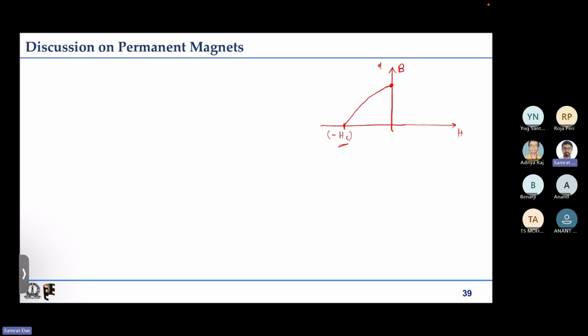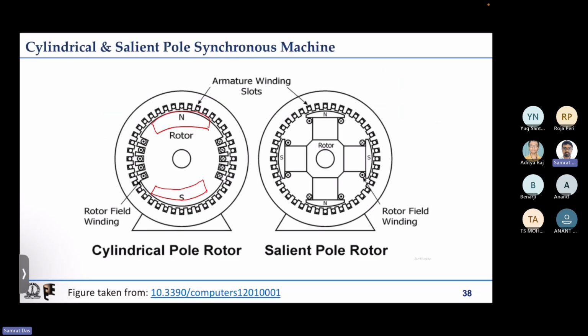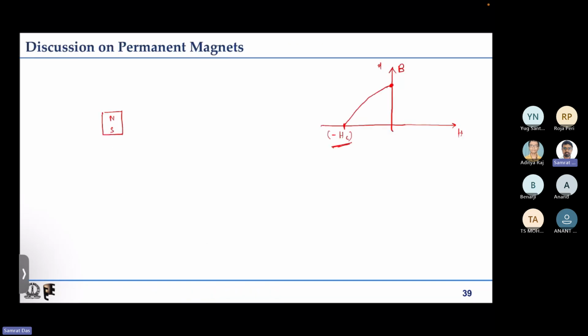Now the question was, why does this negative magnetic field intensity actually come? I started with a simple case. Say this is a permanent magnet, N and S, and there is some external thing. Say we have an iron core which also has a gap.